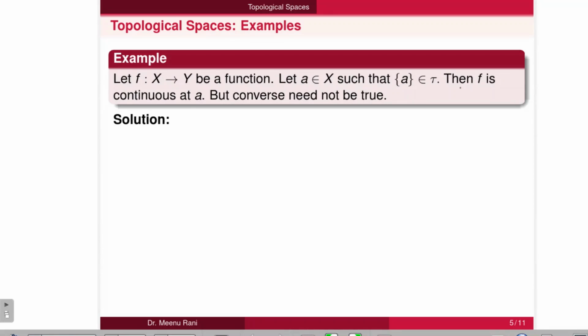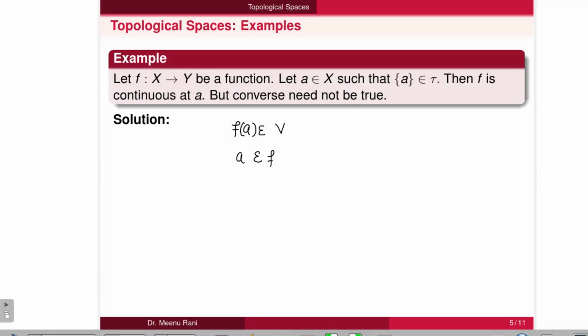So to check the continuity of the function at point a, we take all the open sets of y which are containing f of a, and then there exists at least one set u in x which is containing a, such that f of u is contained in v. Thus we take one arbitrary open set in y which is containing f of a. So this v represents all the open sets in y which are containing f of a.